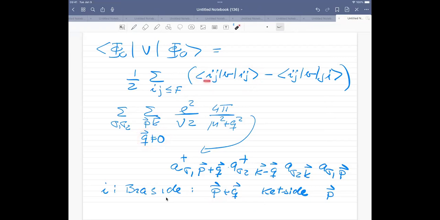Here I have the quantum numbers i, which on the bra side are defined by P and Q, and sigma 1. So we have a sigma 1, and then also a sigma 1 here. But on the ket side, since I have this specific state here, this is not possible simply due to momentum conservation.